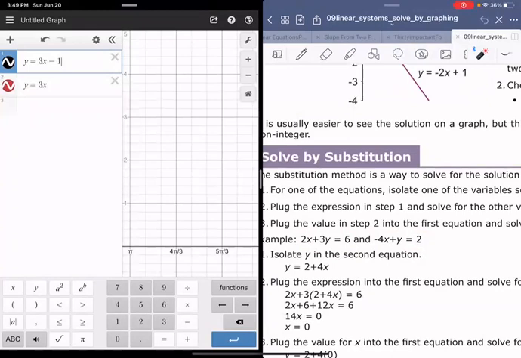After you use the graph to solve it, you make this y equals 4x plus 2, and then you plug it in here to solve it. Go ahead, give it a try.